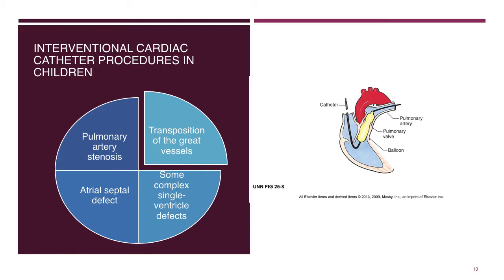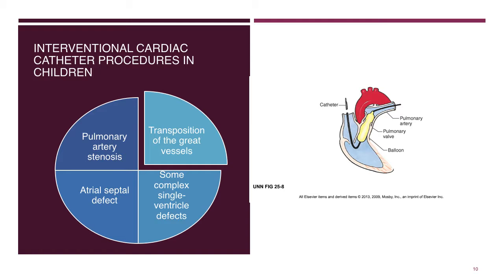Another procedure that's often done, it can be done for diagnostic purposes, but it can also be done as an intervention, is cardiac catheterization. Now, this is a little more difficult, and depending on the age, and if you notice in these examples of when we do this interventional cardiac cath procedure, we're looking at things that are going to be found during the neonatal period.